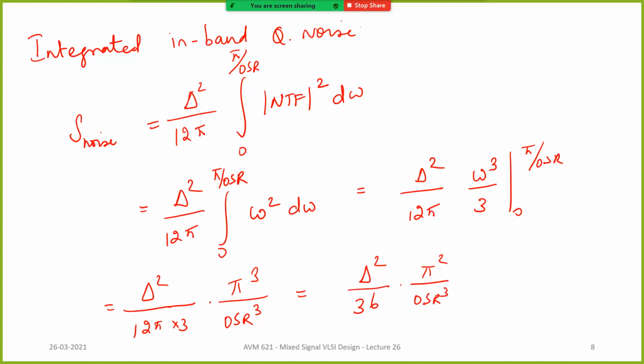In other words, because of the shaping that you are having, the total integrated noise power is reduced from delta squared by 12 to delta squared pi squared by 36 times OSR cubed.